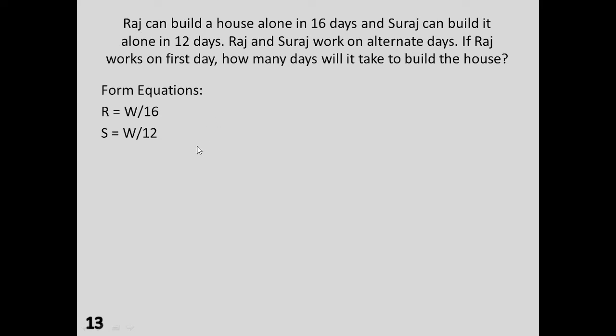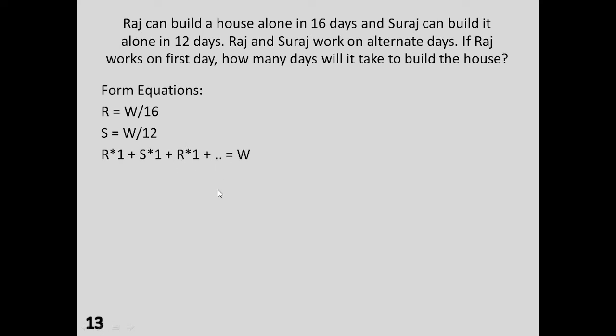On the first day, if we say Raj has completed a certain amount of work, that means we can write work is equal to productivity into time. Productivity is R and time is 1 day. Equation goes like this. Raj has worked for 1 day and the next day Suraj comes and the next day Raj works. It goes on like that.